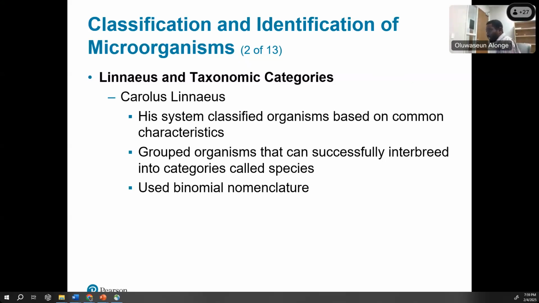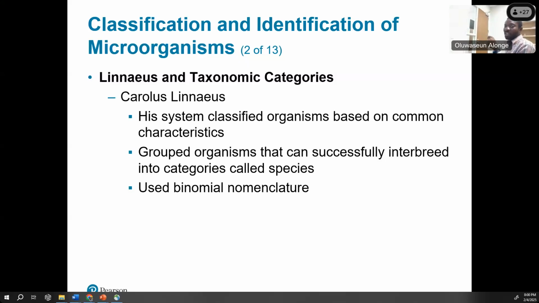Like, horse and donkey giving rise to a mule. That is not the same species, because they give rise to organisms that cannot reproduce. So a species means that if they mate, they must be able to give rise to a viable organism, not just any organism.